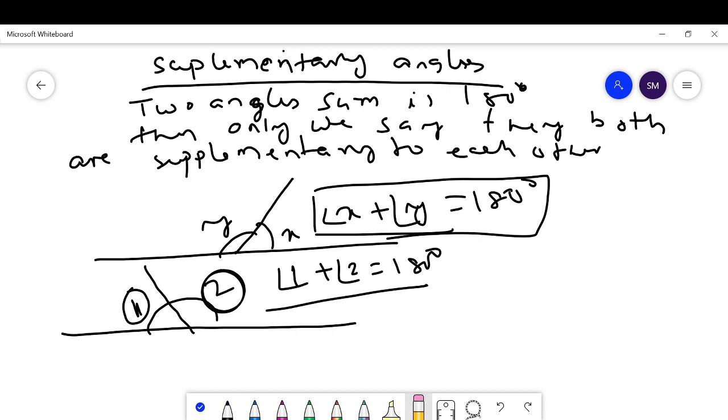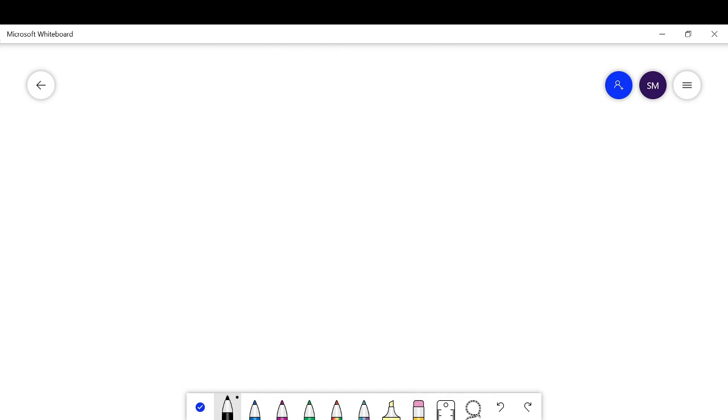Okay. Let us solve some examples. Find the measure of an angle which forms a pair of supplementary angles with itself. Let the angle be x and its supplementary pair is also x.